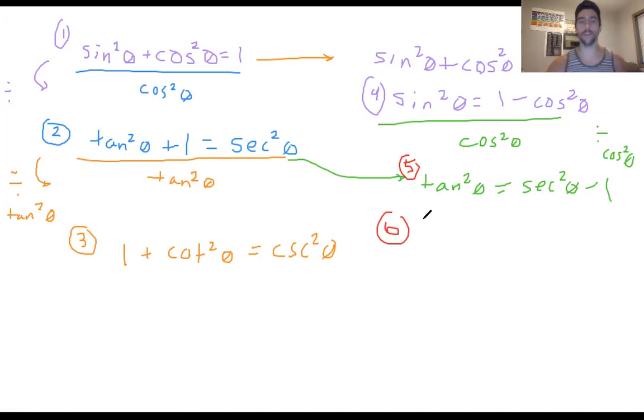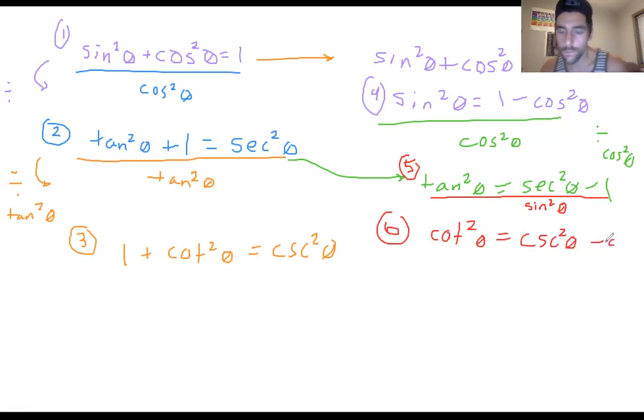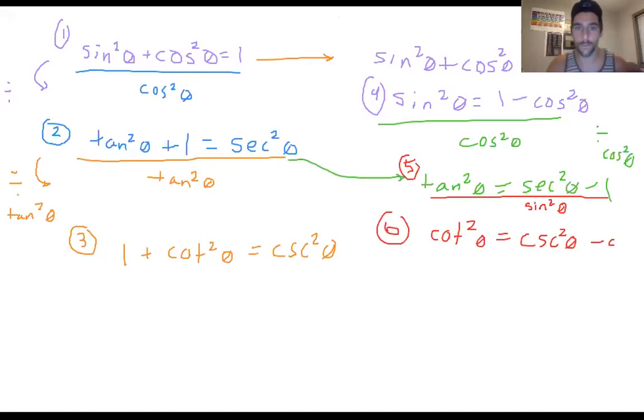If I divide it all by sine squared theta, I'm going to end up with cotangent squared theta equals cosecant squared theta, and then all minus 1. I don't think that's right. I'm actually going to pause real quick to figure out what I'm doing. All right, so my bad. It was a quick catch up.